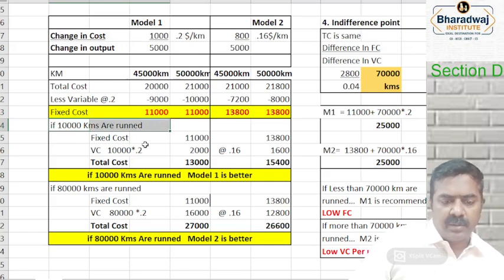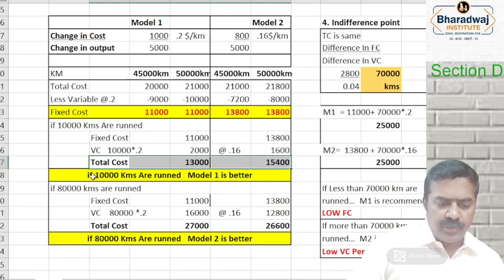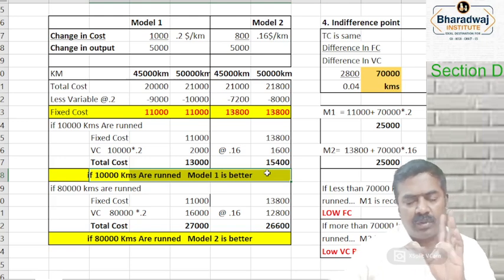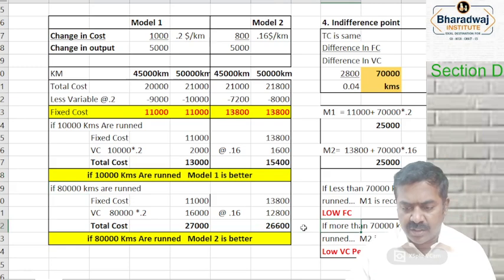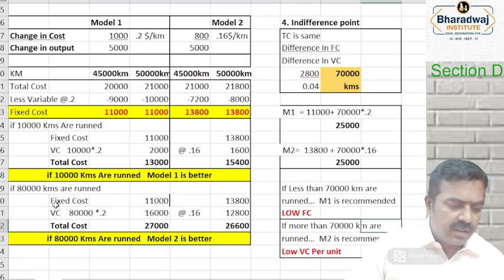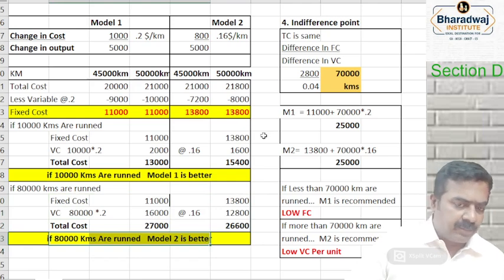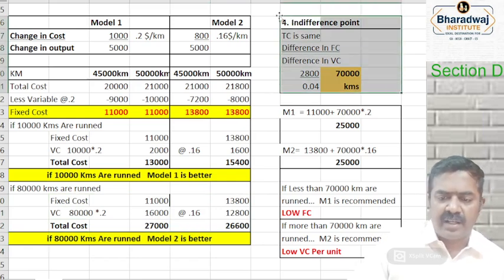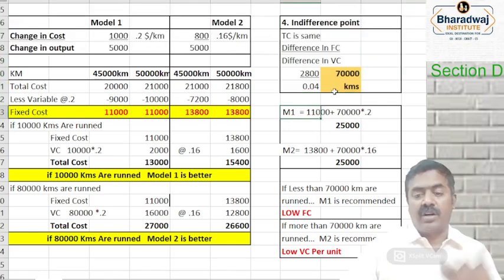If 10,000 kilometers are run, we work out fixed cost, add variable cost, model 1 at the rate of 0.2, model 2 at the rate of 0.16, and we get the total cost. So if you are running only 10,000 kilometers, model 1 of the truck is better. If you're running 80,000 kilometers, then when we add fixed cost plus variable cost, the total cost of model 2 is better. Okay. What do you mean by indifference point? The point at which two options give you the same result, where you are not able to decide.